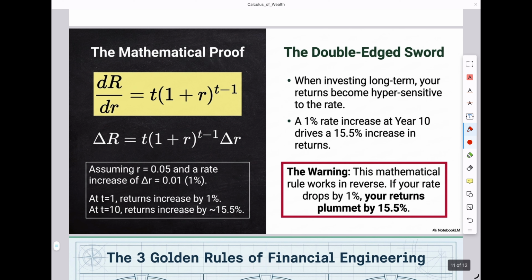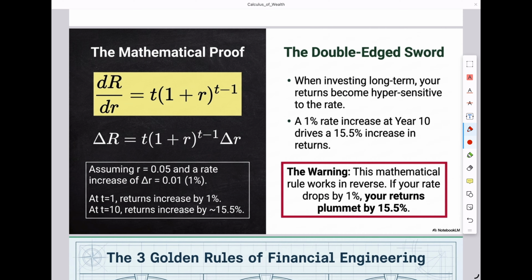So you can see at T equals 1, the returns increase by 1%, but at T equals 10, the returns increase by a staggering 15.5%. So this tells us that when I invest long term, my returns become hypersensitive to the rate.